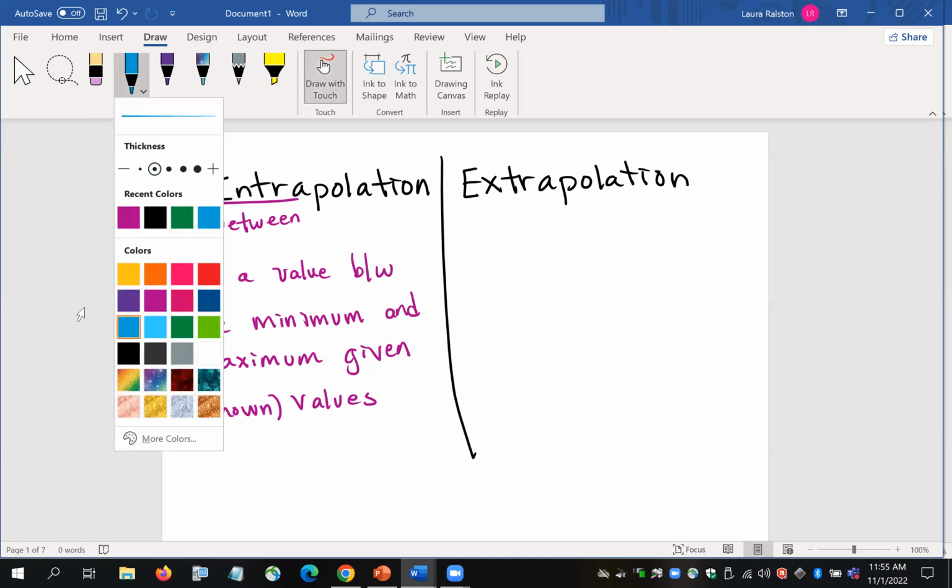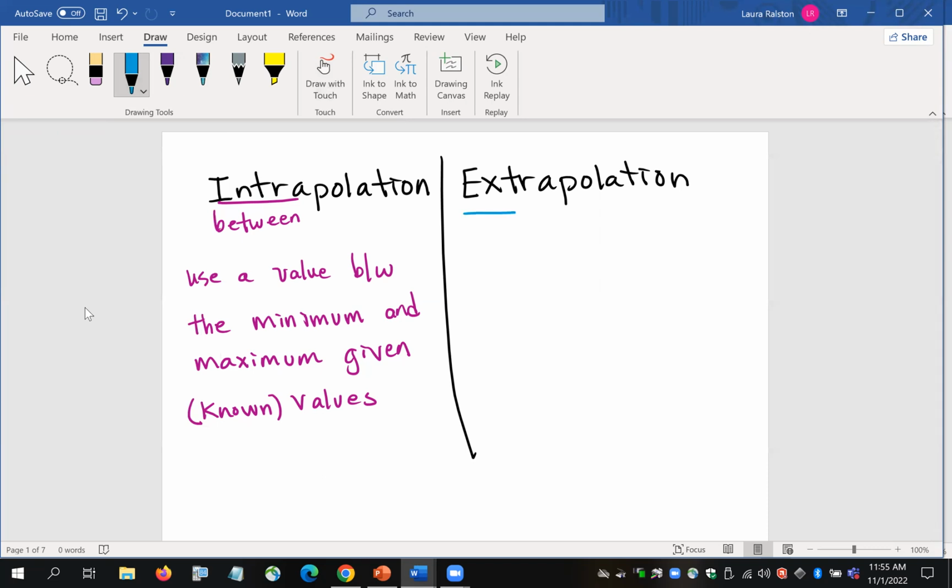Extrapolation, extra in this case kind of means outside. So with extrapolation, we use a value outside the known range of values.